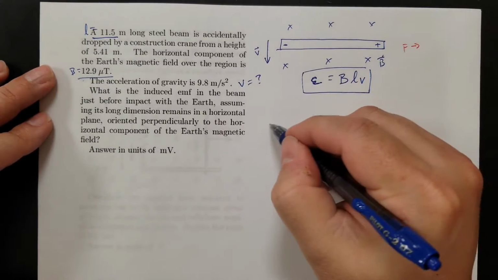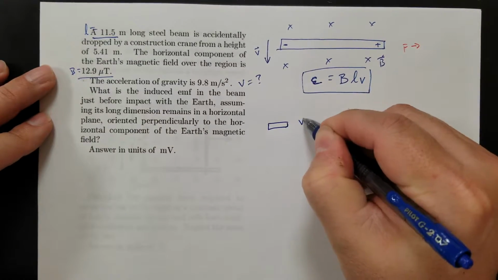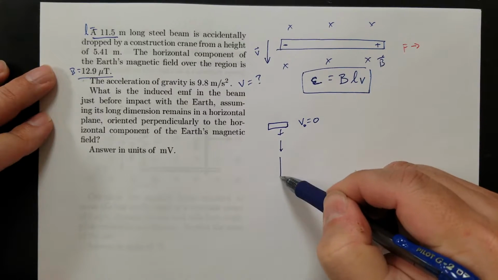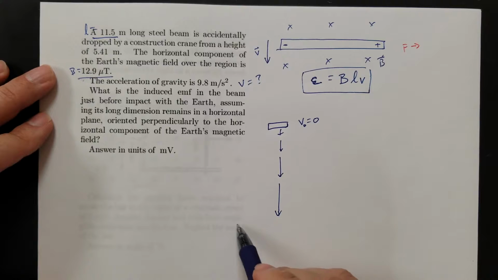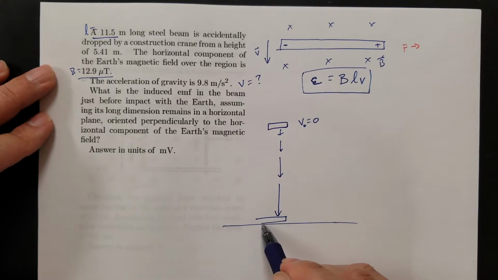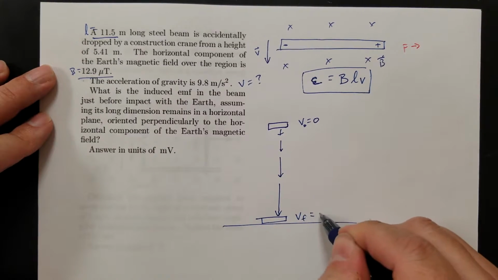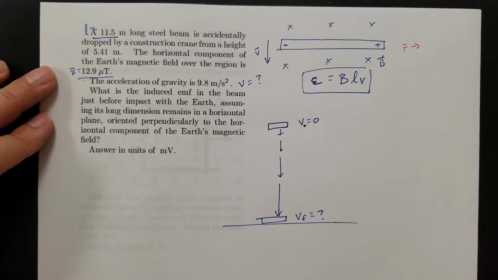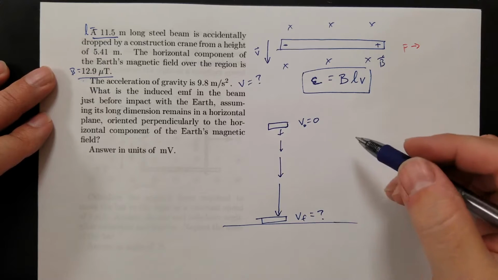This bar starts up here at an initial velocity of 0, and then it's going to fall and get faster and faster, and right before it hits the ground, I need to know what the final velocity is. If I knew that final velocity, then I could plug it in up here. So how could I figure that out?